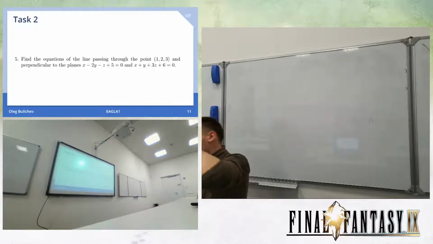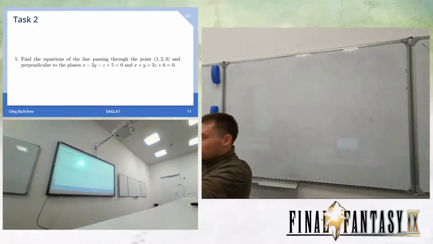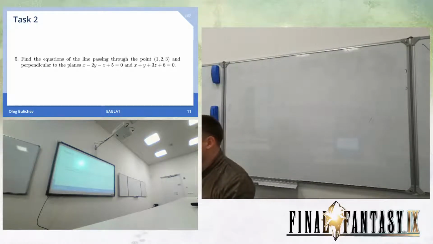You can find the equation of the line, and we have a point somewhere on this line. What does perpendicular mean? It will be collinear to the line in our case.